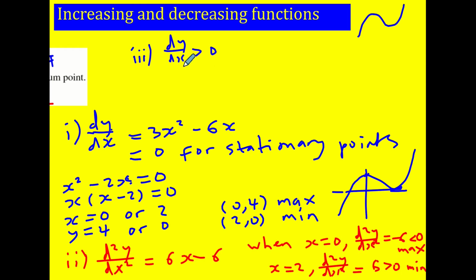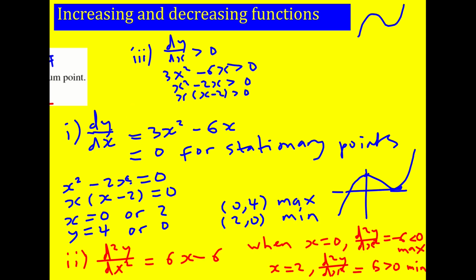So returning to here, let's just start from the beginning again. It would be where 3x squared minus 6x is greater than 0. And I can actually divide through by 3 again. x squared minus 2x greater than 0. It's the same idea as when we were solving the quadratic. x minus 2 is greater than 0.